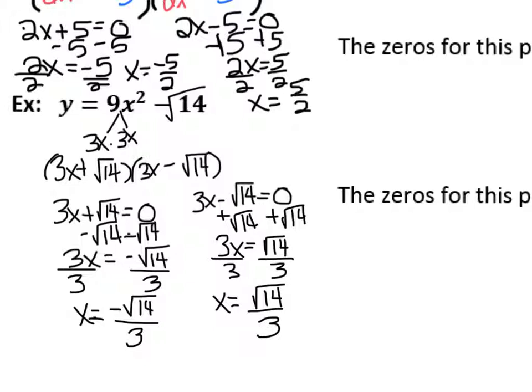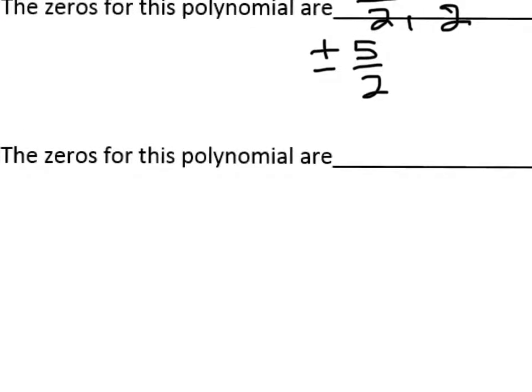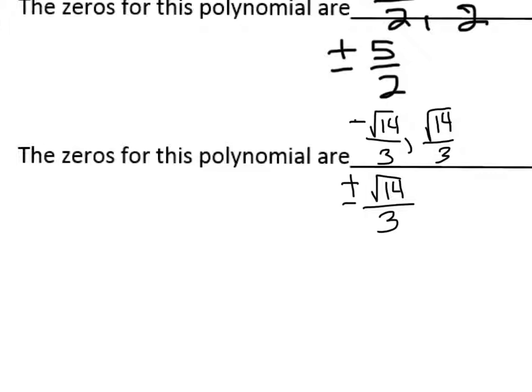So hopefully you're recognizing between these two problems, one will always be a positive answer, one will be a negative. So when you write it, again, you could write it negative square root of 14 over 3 and positive square root of 14 over 3, or put plus or minus the square root of 14 over 3. Both of those do mean the same thing.